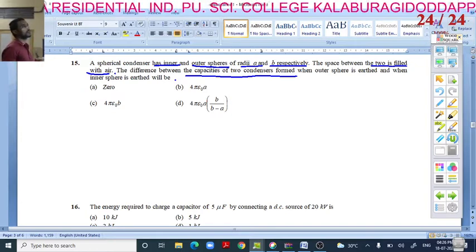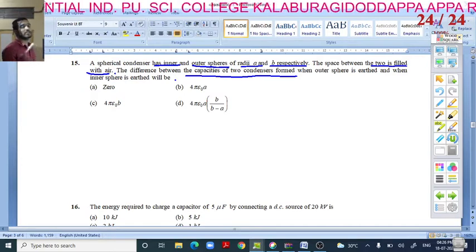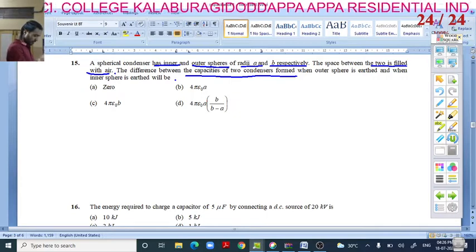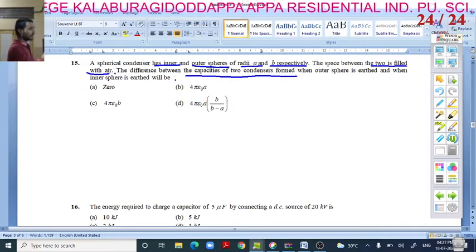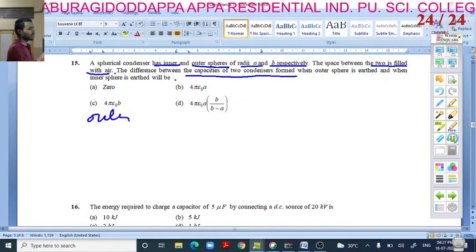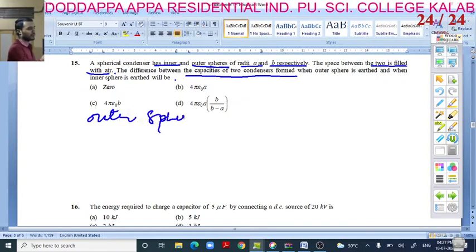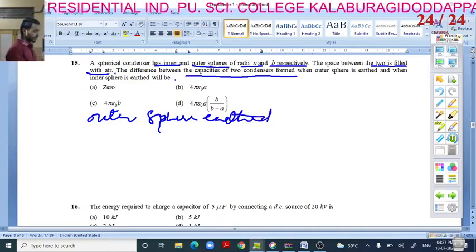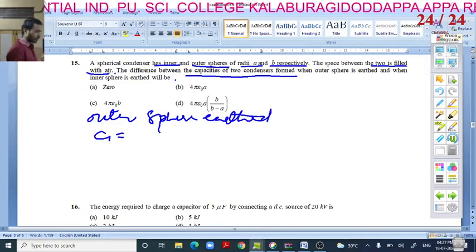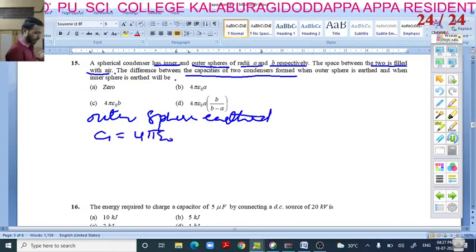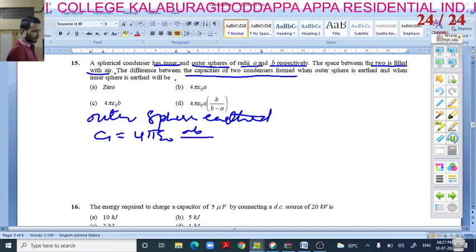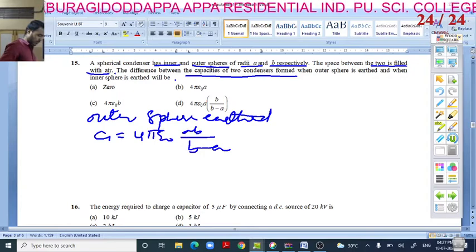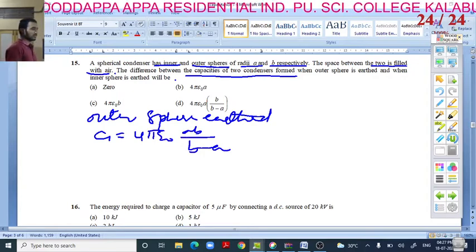Here we know the formula for outer sphere and inner sphere. If A and B are the radii, you should know these formulas. Capacity when the outer sphere is earthed: C1 is equal to 4 pi epsilon AB divided by B minus A. This is the formula for the outer sphere earthed.